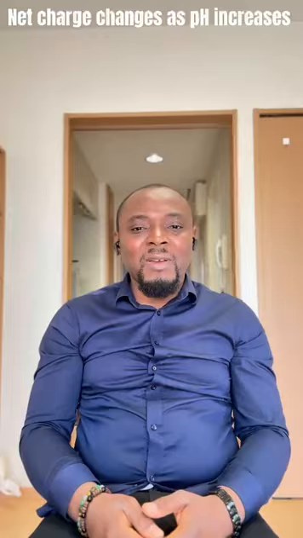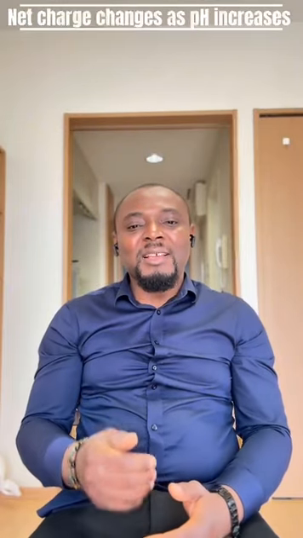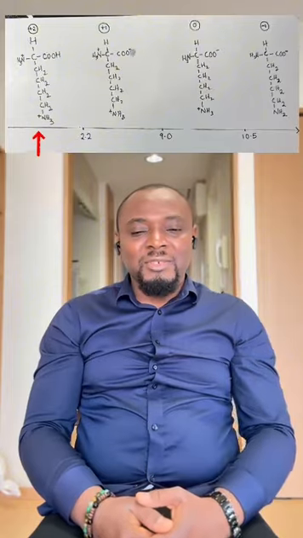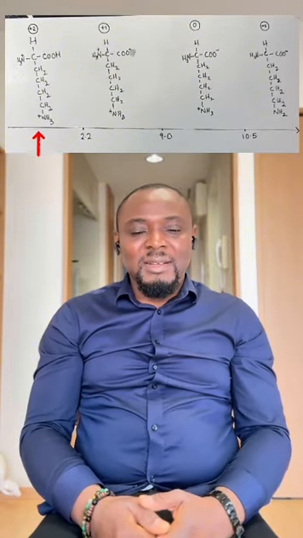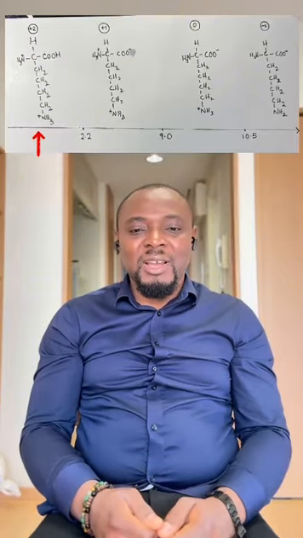To understand how to calculate the isoelectric point of lysine, we must observe how the charge of the amino acid changes as pH increases. At very low pH, lysine is fully protonated, and that means it has a net charge of +2.